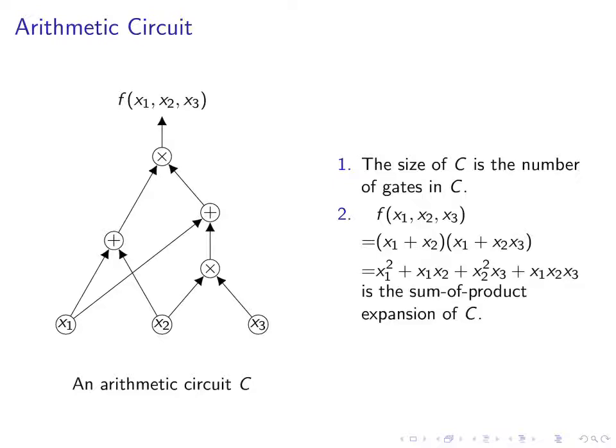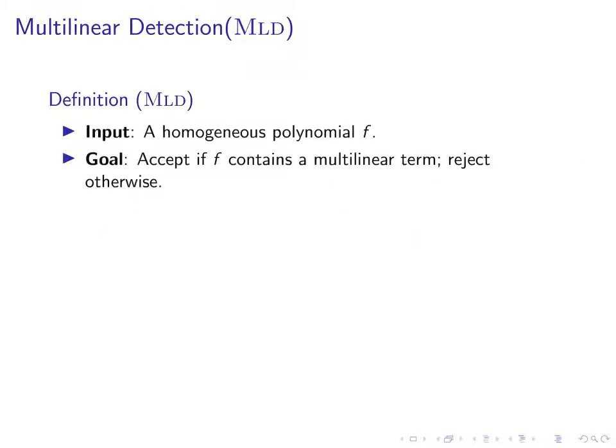By expanding the expression, we get the sum of product expansion, which is the sum of all the monomials. So a middle step of our algorithm is to consider the multilinear detection problem. The input is a homogeneous polynomial f, and the goal is to answer yes if f contains a multilinear term, and answer no otherwise.